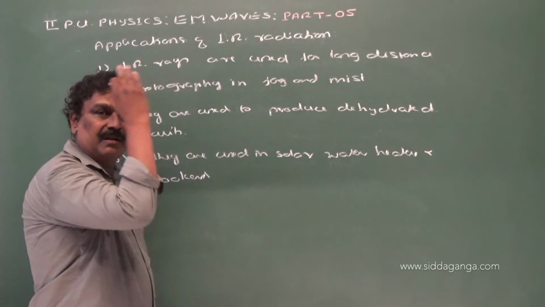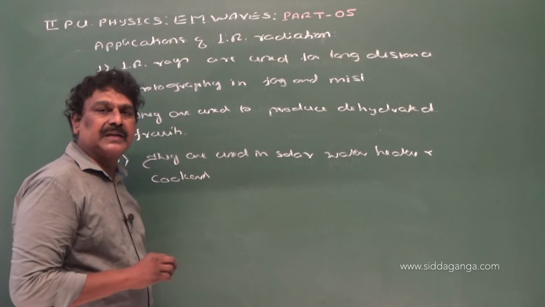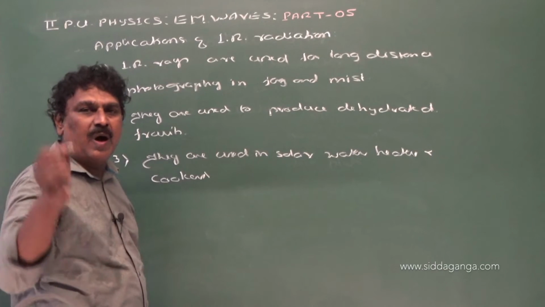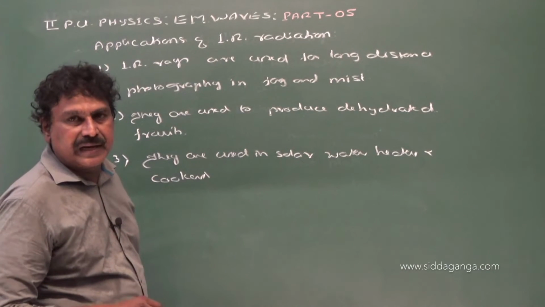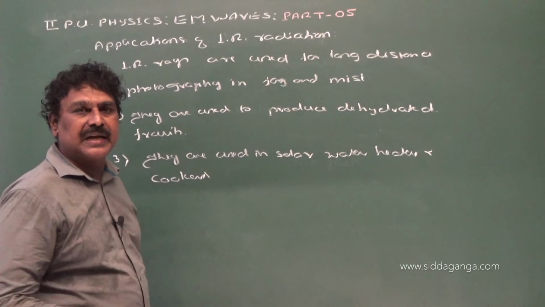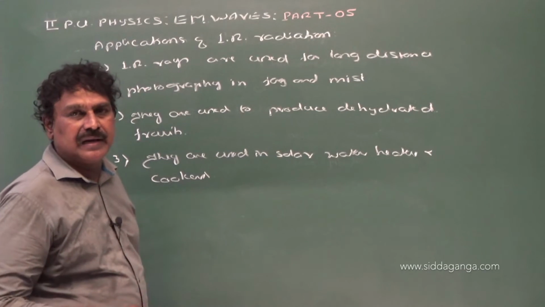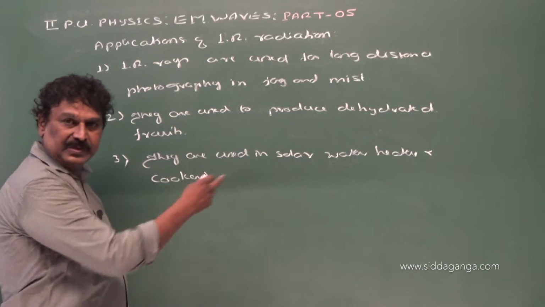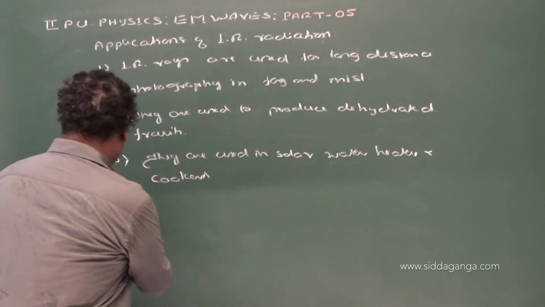Now it will be installed at the top of the roof or terrace. When infrared radiation is incident on that photoemissive material, it emits photoelectric current, and that photoelectric current is used in a coil, right, to heat up water. They can also be used as cookers.